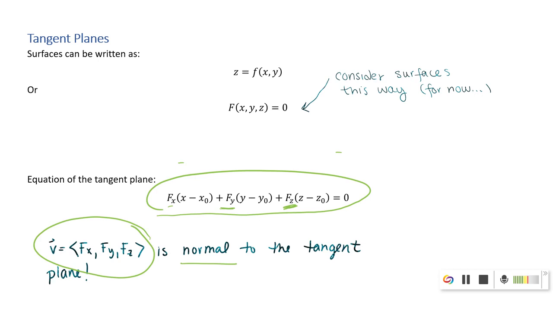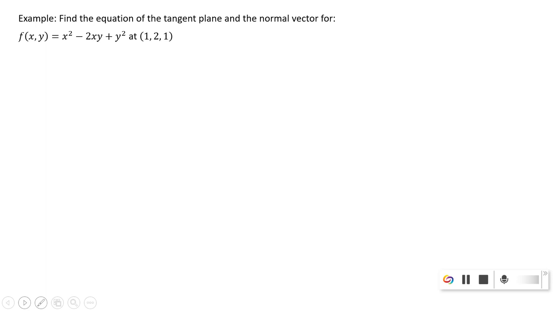All right, so now that we have our definition, let's just do an example. Let's see if we can come up with the equation of the tangent plane and the normal vector for the surface f of x, y equals x squared minus 2xy plus y squared at the point 1, 2, 1.